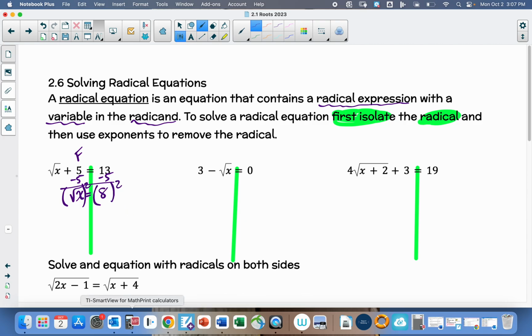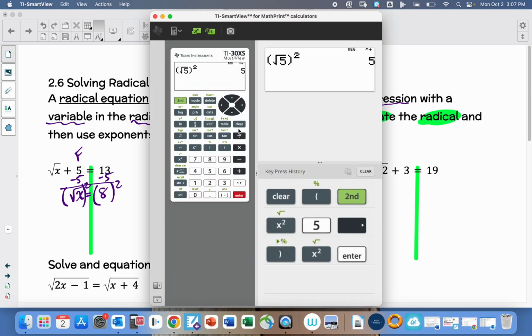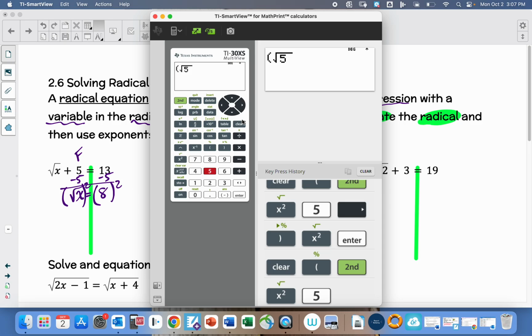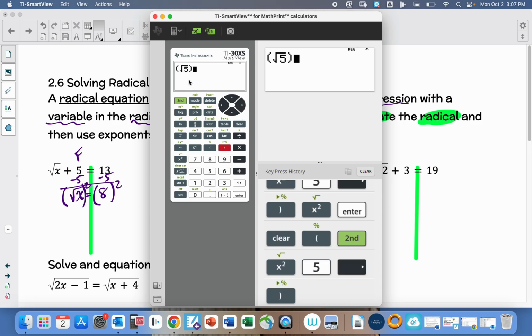Because if you recall, if I take the square root of 5 and I square it, watch what happens. It gives me 5. Because radical 5 times radical 5 is radical 25, which is 5.